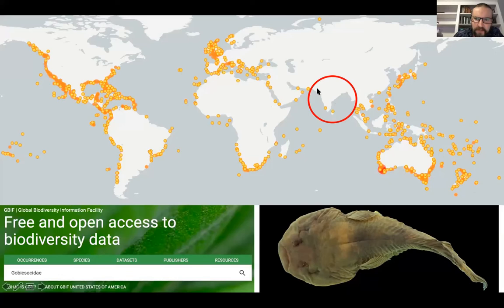This may be just because nobody's looking for them, and so I would be very interested to know if anyone comes across Gobiaceae in this part of the world. There are records from Sri Lanka, of course, and in parts of southern India, but I expect that there's many more clingfishes in this area that are waiting to be collected.